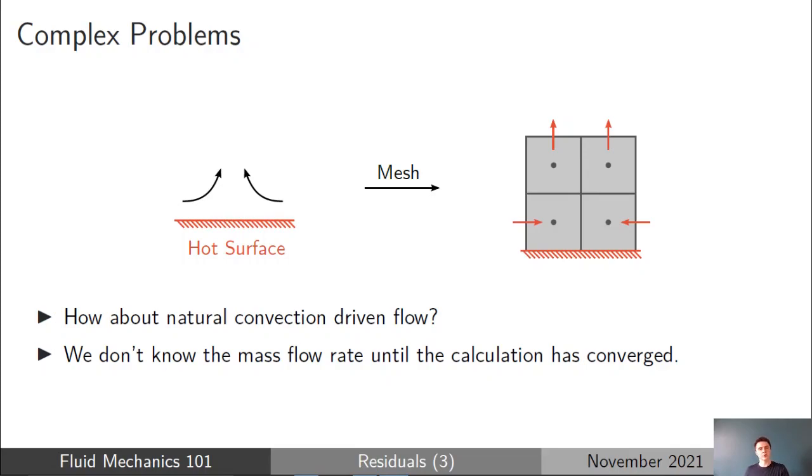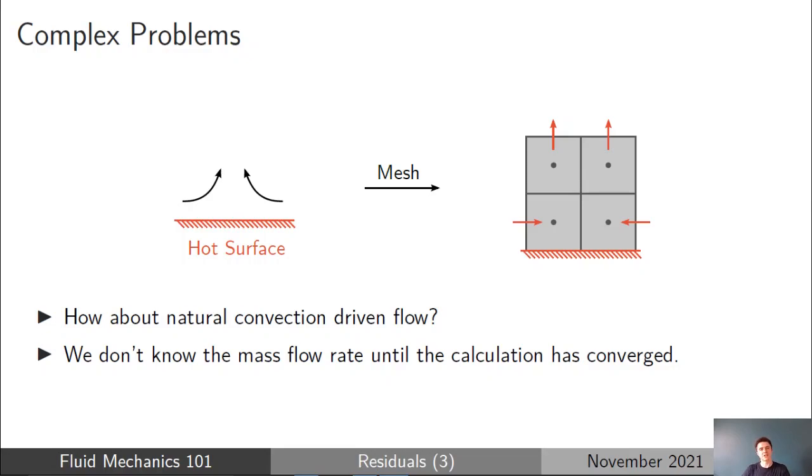And because we want to track convergence, we want to be scaling that mass flow imbalance as the solution converges. We would need to know what the mass flow rate was going to be before carrying out the calculation. And so clearly this is something that we couldn't do for a natural convection-driven flow. Even though we've got an inlet and an outlet, we don't know what the flow rate is until we solve the solution.